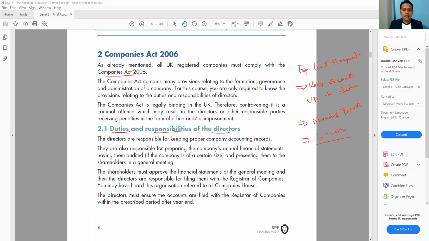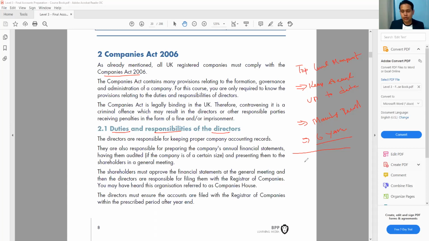On top of that, their responsibility is to make sure the company is running smoothly and all the strategies are followed, in the best interest of the company. Now, in the exam they might ask, do you need a director to make a contract on behalf of the company?